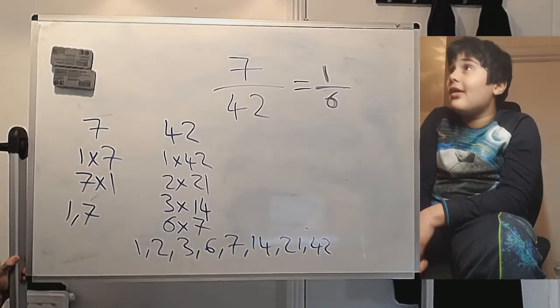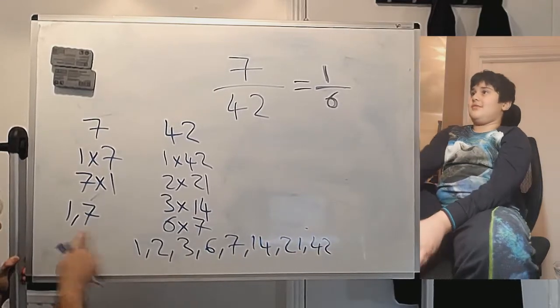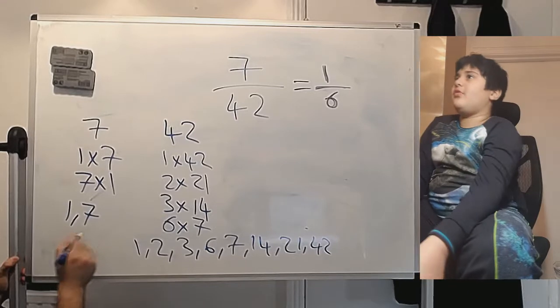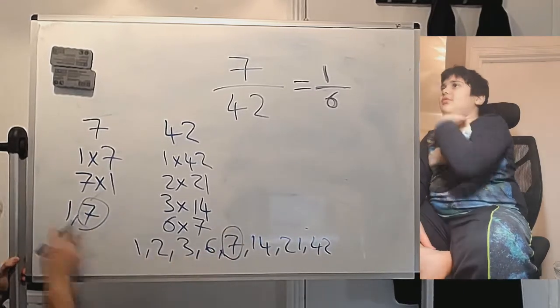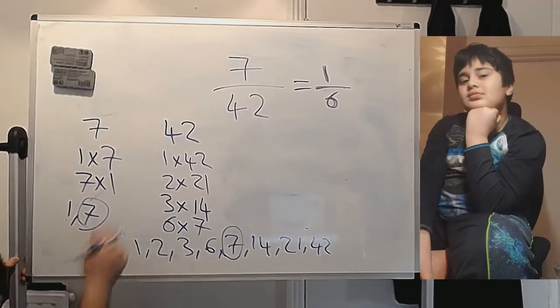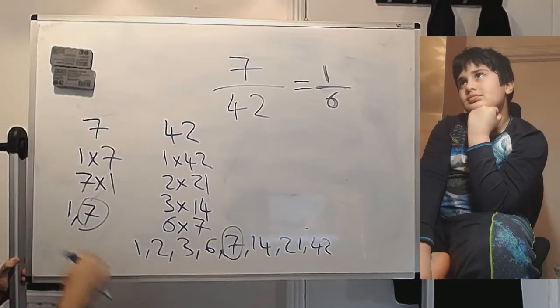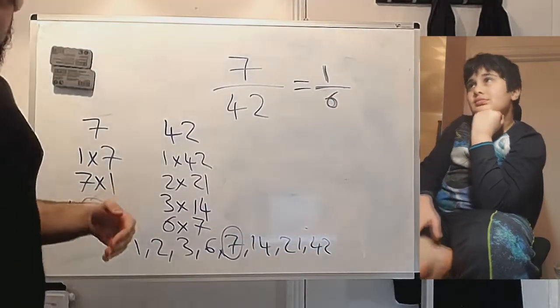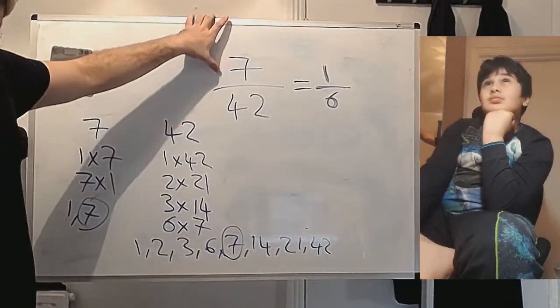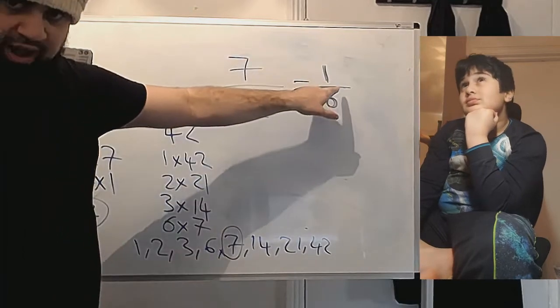That's a lot. But we're looking for the common ones. What's common between these two? They both have 1 and 7, but 7 is the highest common factor. So if 7 is common in both, we ask ourselves, how many 7s go into 7? 1.